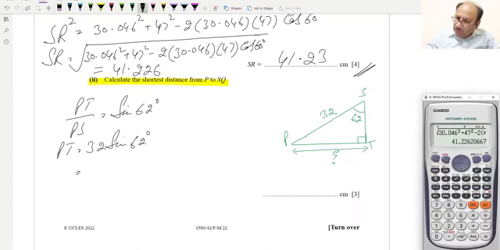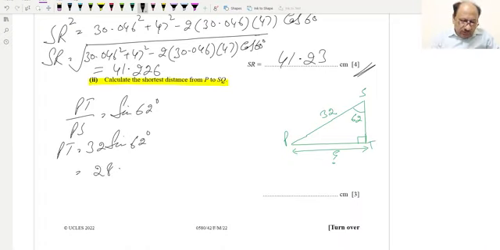This is equal to 28.25, so 28.3 will be our answer, hopefully.